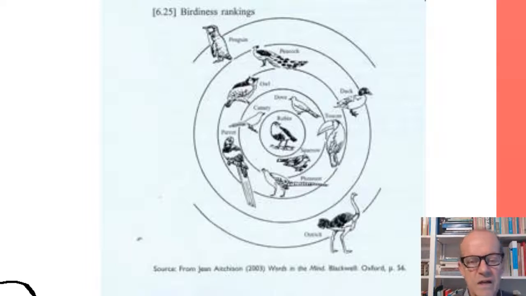So you can give all kinds of birds birdiness rankings, as it is said here in this example, and then you will discover that some birds are more central and other birds are more peripheral, like the ostrich, which is not a very typical, prototypical example of a bird, because it walks, it doesn't, well, I don't know whether it flies, but it usually doesn't fly. The penguin is also such a non-prototypical example of a bird.